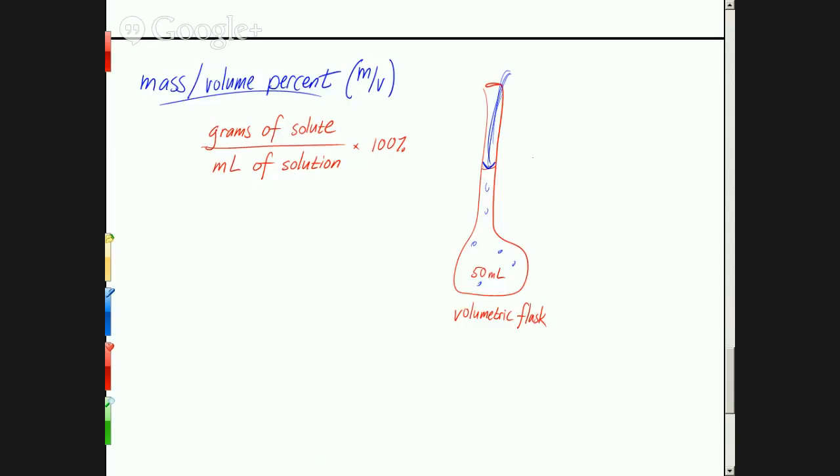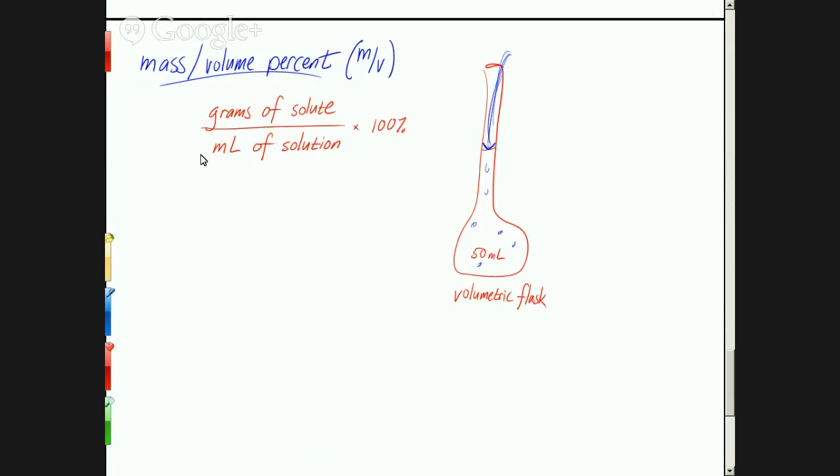Now you know the grams of solute because you put them in first, and you know the total milliliters of solution because you've got now 50 milliliters of the solution, or 50.00 milliliters of solution, whatever it is. So that's how you often make solutions, and that's why this type of measurement is really useful, because you can easily measure the volume of the entire solution, and you know the mass because you know how much you put in in the first place.